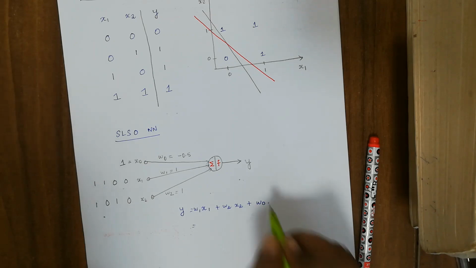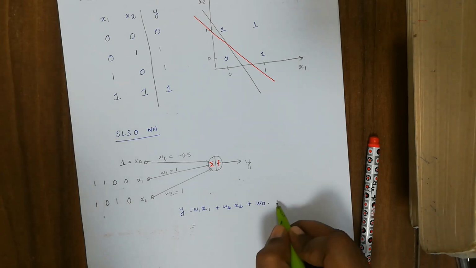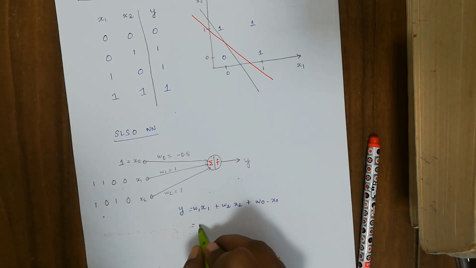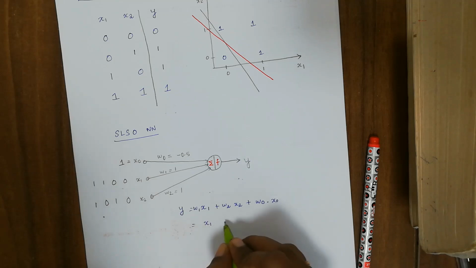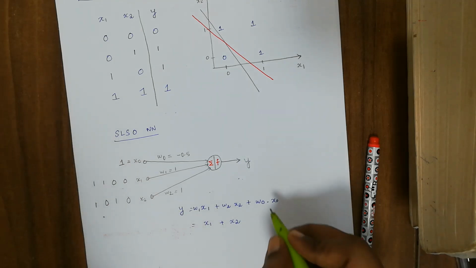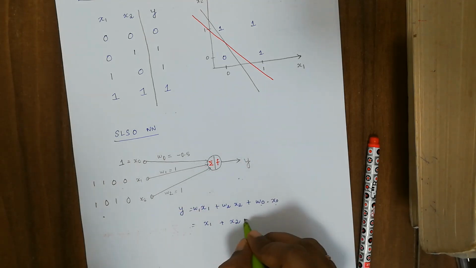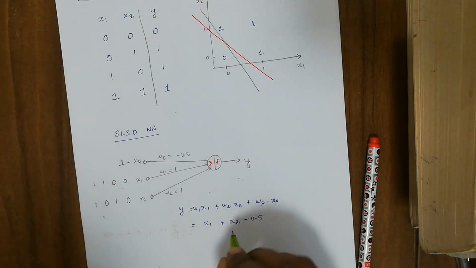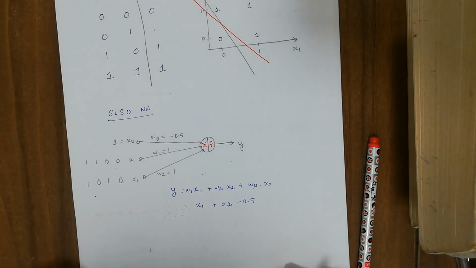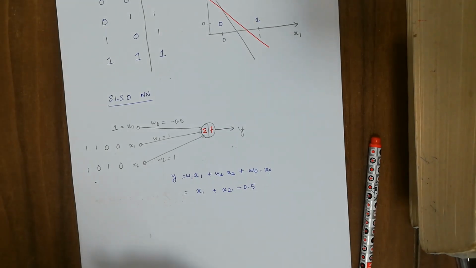W1 and W2 values are 1, so x1 plus x2 plus W0, which is minus 0.5, gives the equation of something like this. Now we have to check for all possible values.